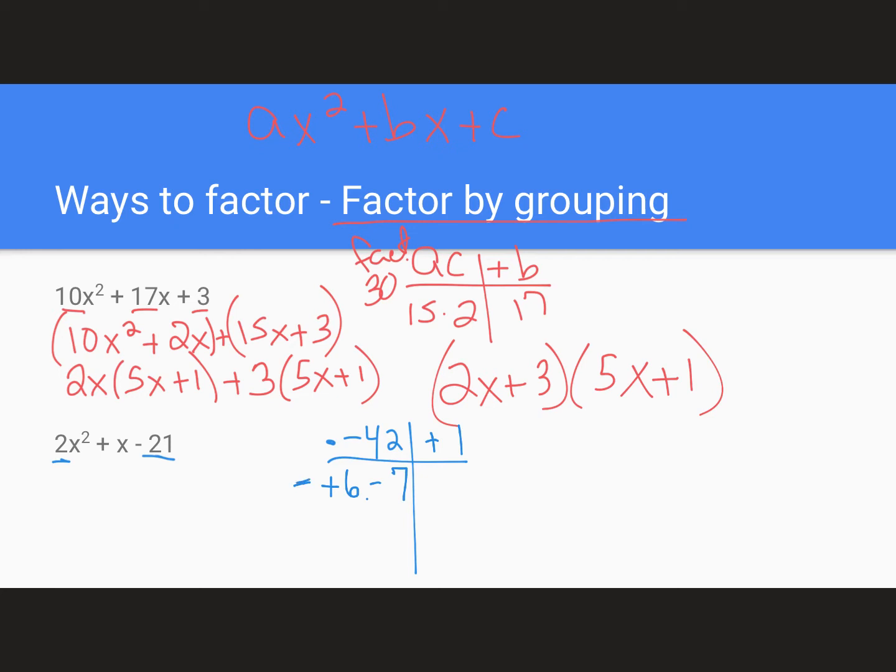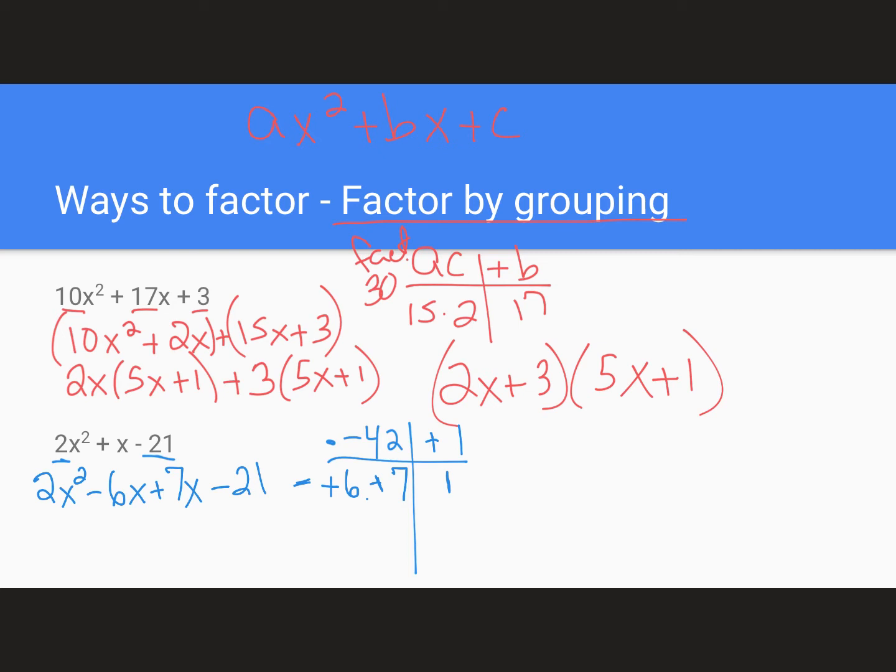Sorry. Negative 6 and positive 7. They add to 1. So I'm going to rewrite this as 2x squared minus 6x plus 7x minus 21. I changed colors to make sure it's very clear where I'm writing these, sorry.